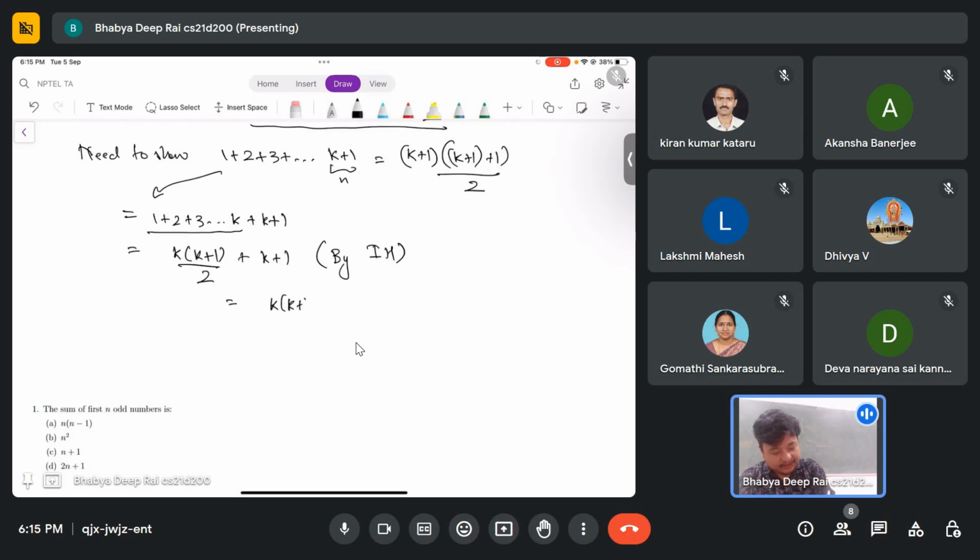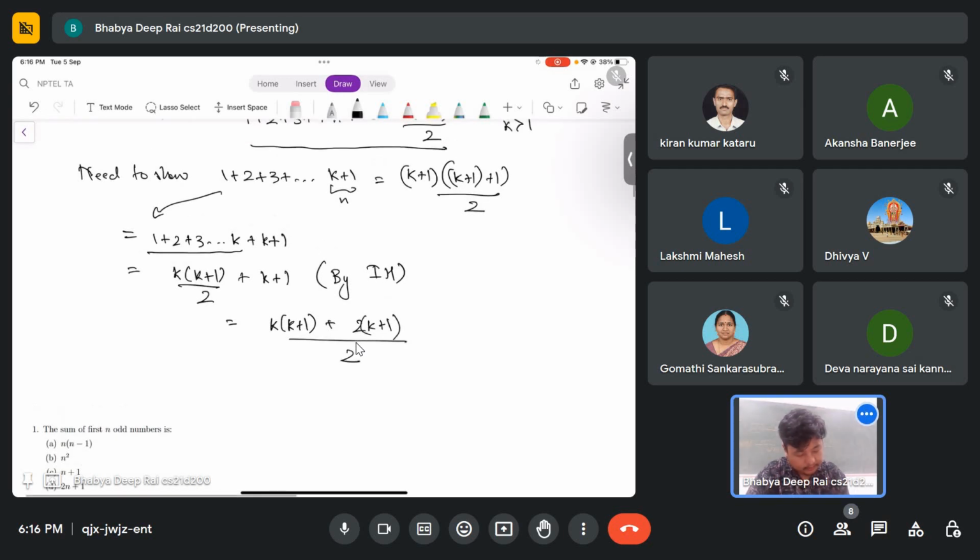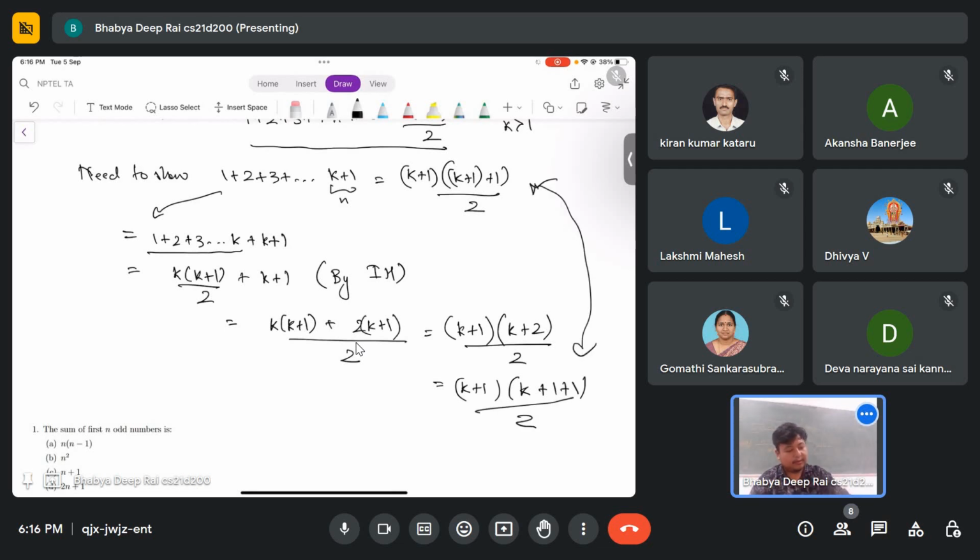You do k times k plus 1 plus 2 times k plus 1, whole divided by 2. This is nothing but k plus 1 common, and you get k plus 2 divided by 2, which is nothing but k plus 1 times k plus 1 plus 1 divided by 2. And these two are equal. So we've proved the entire statement.